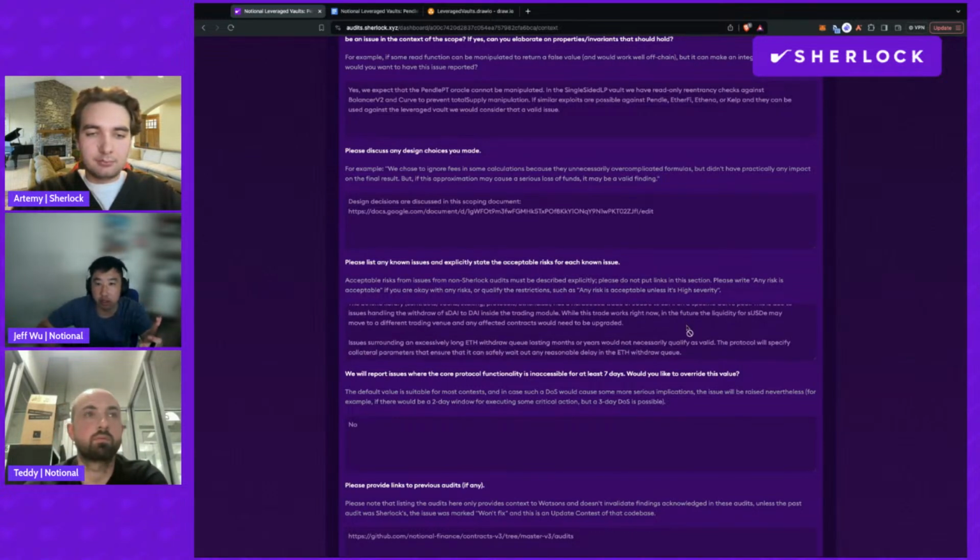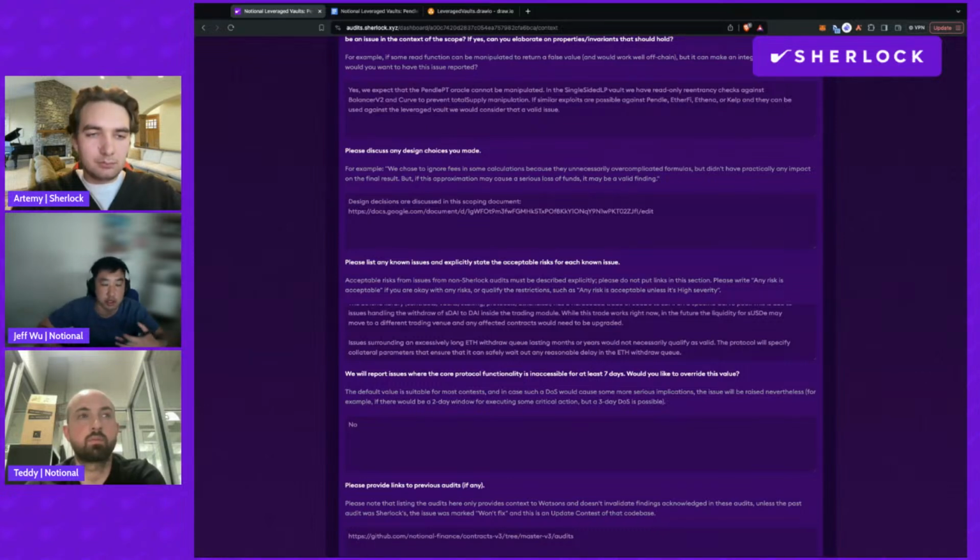And then the second one, I think Teddy already touched on this, but in some of these leveraged restaking strategies, we rely on being able to withdraw from a protocol like EtherFi or Kelp. Those protocols will have to withdraw from EigenLayer and perhaps some sort of underlying staking token.